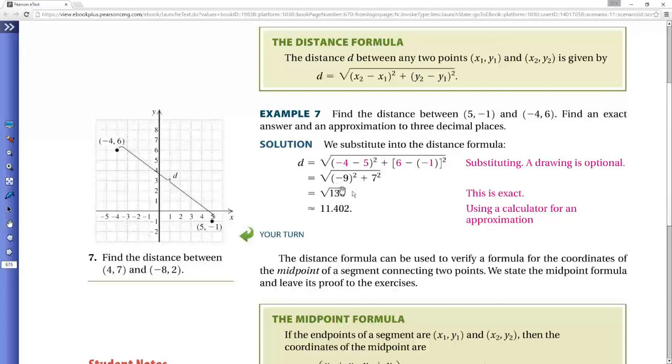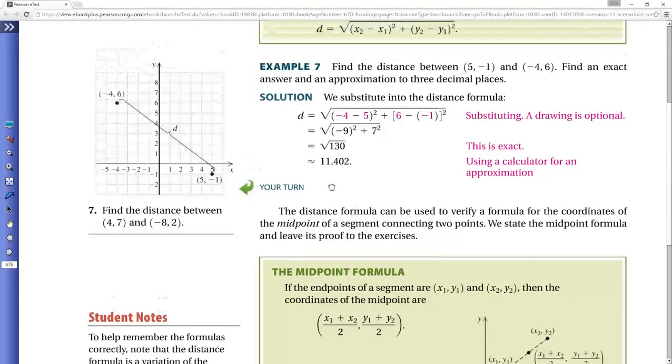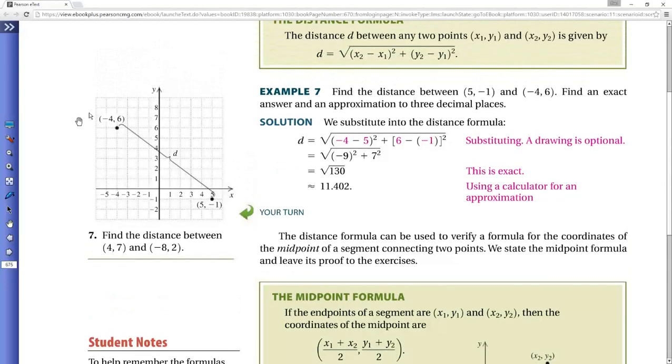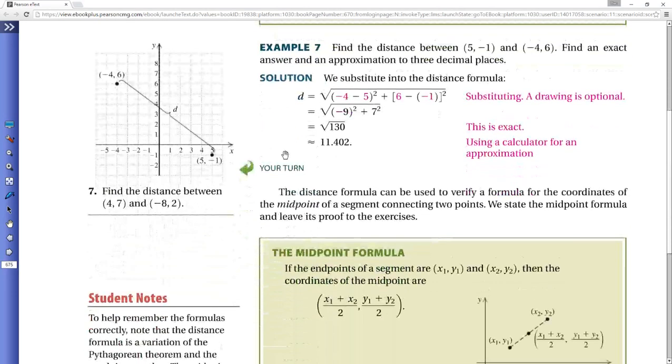And they end up with (-9) squared plus 7 squared, or the square root of 130, which has no perfect squares to simplify, and the approximate value is 11.402. So that's an application of the distance formula. You could write all this out, make the right triangle and go through the Pythagorean theorem, or you can shortcut right to this distance formula.